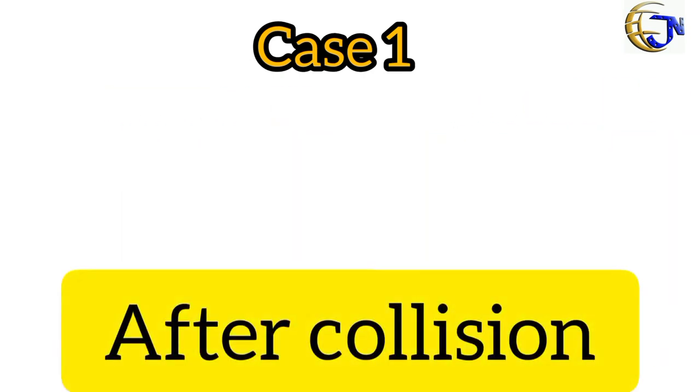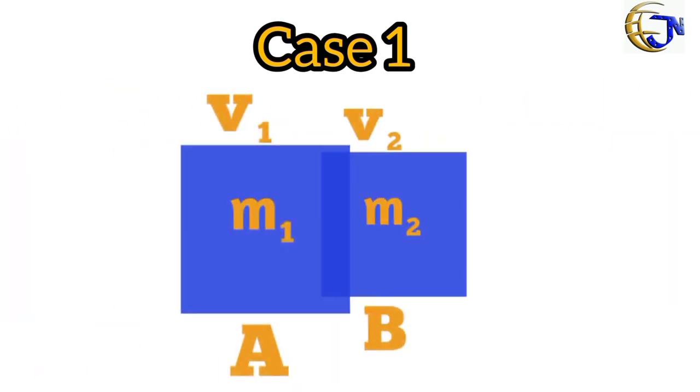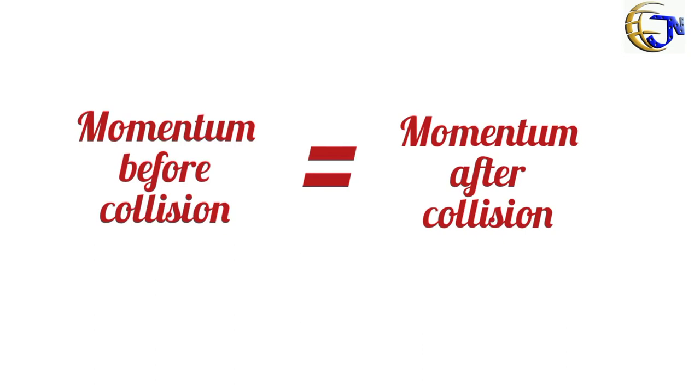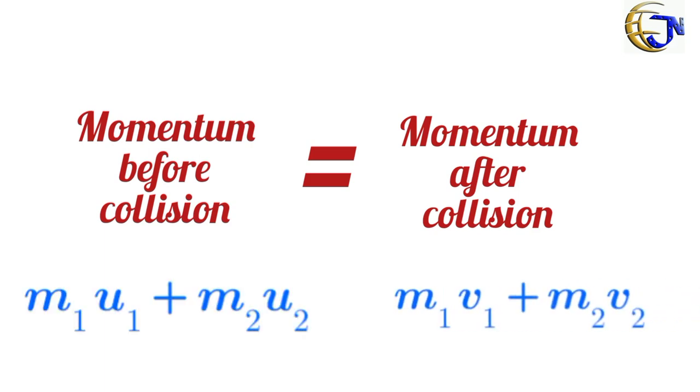After collision, their velocities are v1 and v2. You can see the momentum before collision is m1u1 plus m2u2, and the momentum after collision is m1v1 plus m2v2.